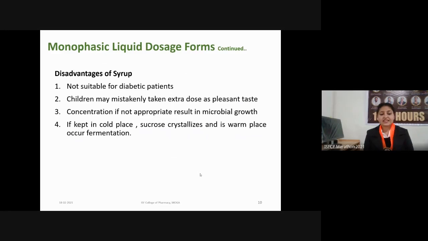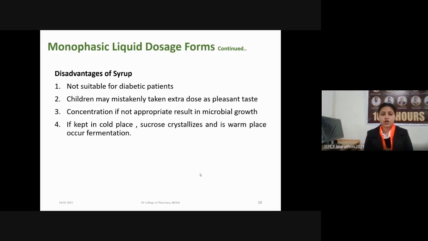Second case is that syrups may lead to a mistakenly taken extra dose because of their pleasant taste. Because of the sweeter taste of the syrup, children like to take this syrup.